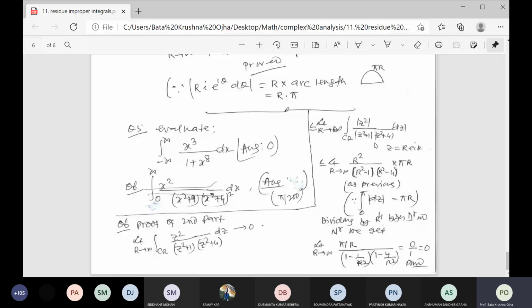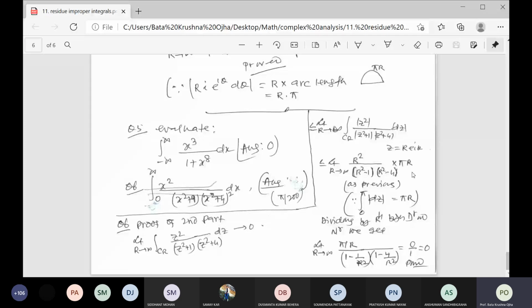If z is equal to r e to the power i theta, then mod z square is r square. Taking the reciprocal, it becomes less than or equal to what I have written here: 1 over r square minus 1, r square minus 4, into pi r, because the integral of dz over CR is equal to pi r. That is the arc length. The total perimeter is 2 pi r, so the half perimeter is pi r. I have already taken pi r here.